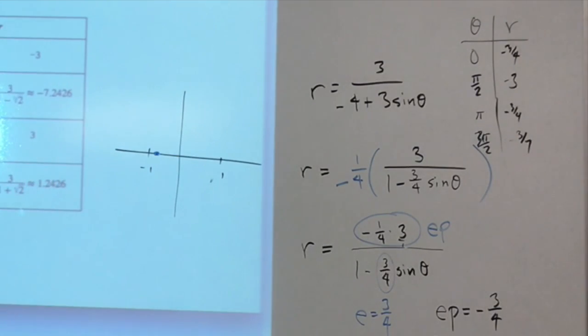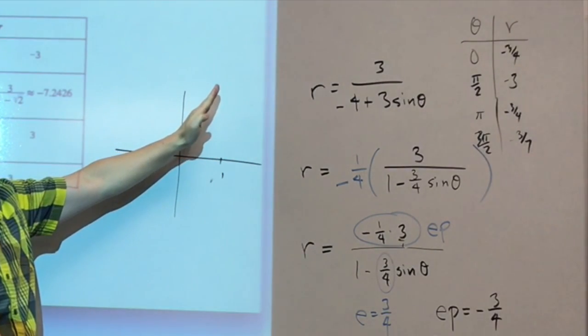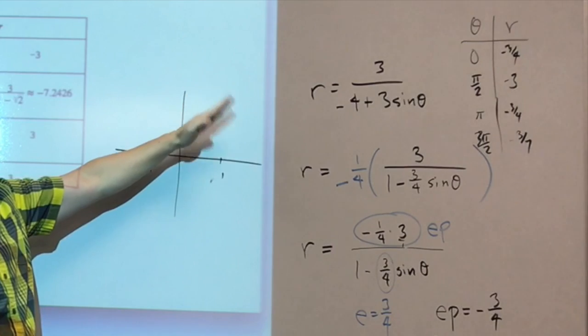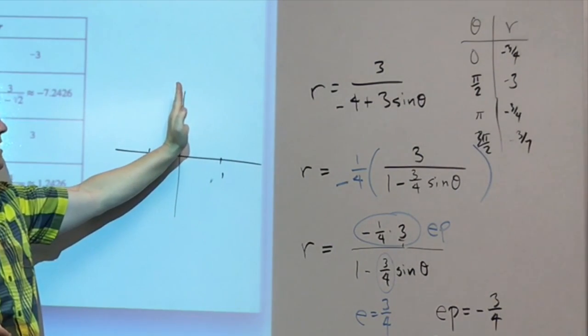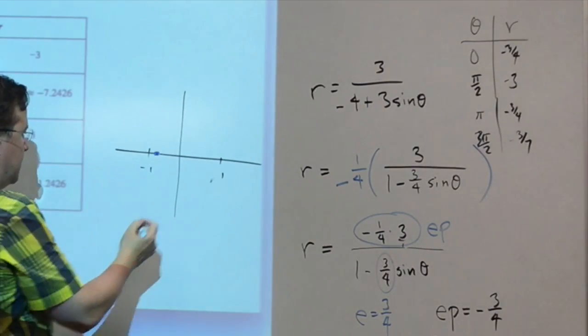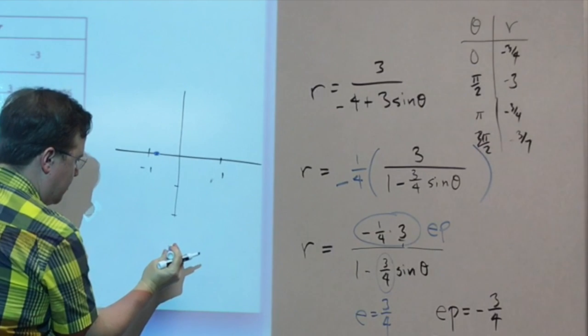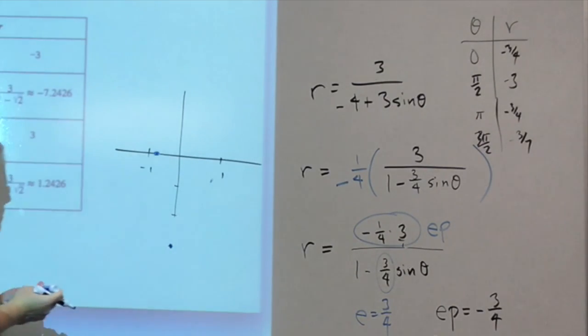And as I sweep through the first quadrant, the radii are going to be negative, and when I get up to the positive y-axis, it's going to be a negative 3. So 1, 2, 3. This is going to be a point on my ellipse.